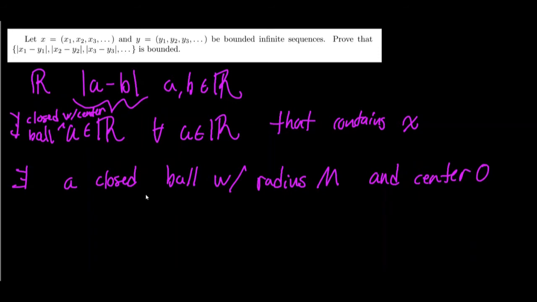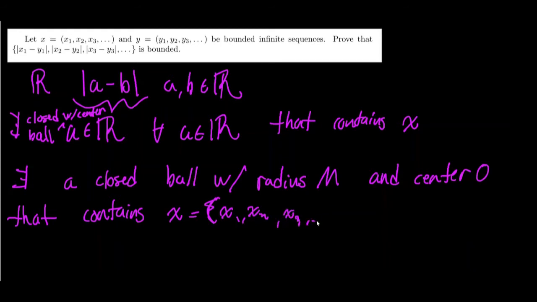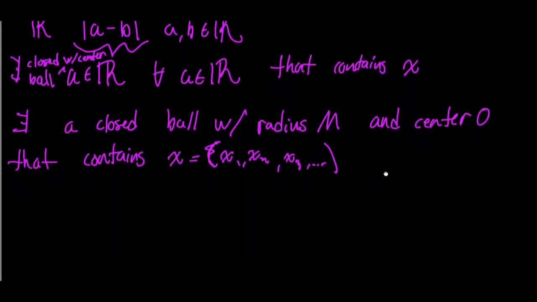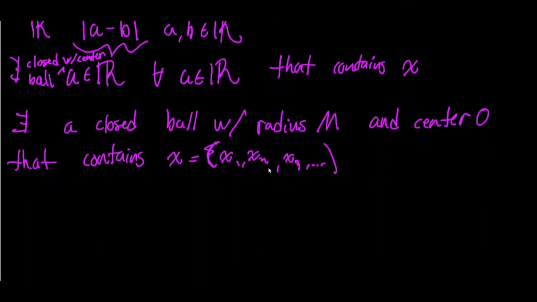So there exists a closed ball with radius M and center 0 that contains our sequence X, which is equal to x1, x2, x3, and so on.